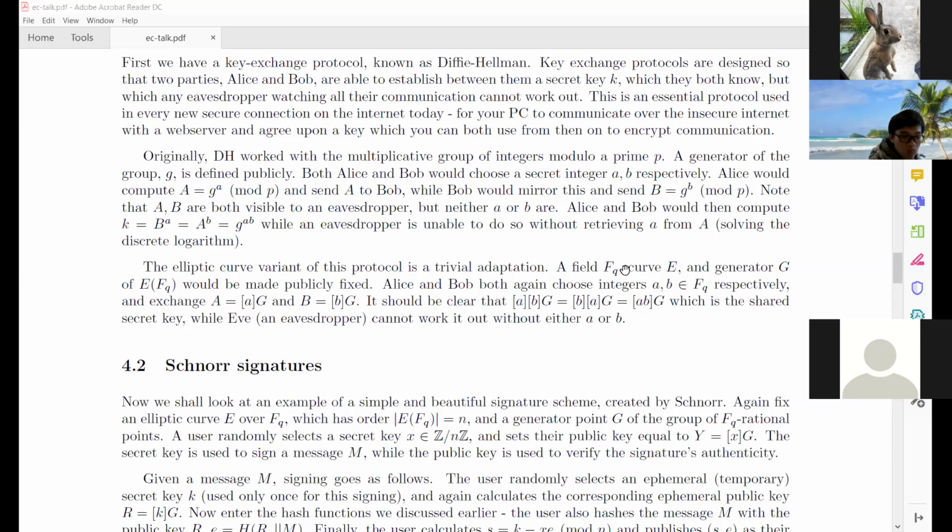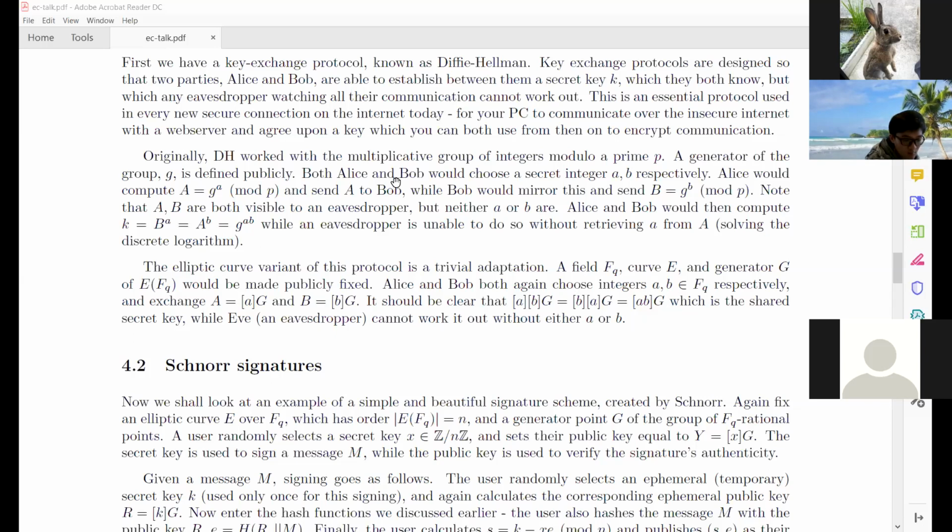But one thing to know is that it's not exactly that. There's not a strict reduction to that problem. Here, the problem is not exactly the elliptic curve discrete log problem. There's this more general problem called the elliptic curve Diffie-Hellman problem, which is basically exactly this: given A and B, compute this. But yeah, that's not important.